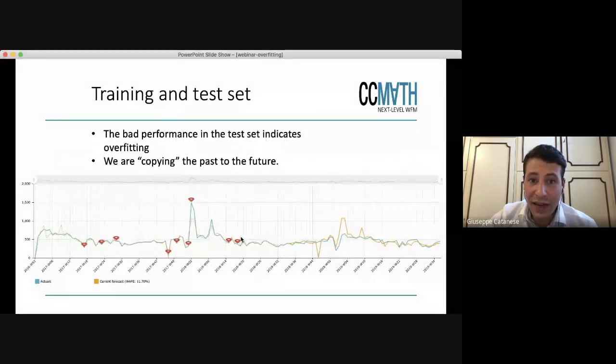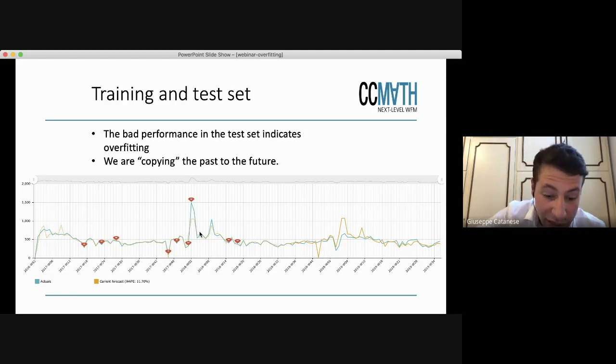Before, at the beginning of the slide, we did exactly this. We divided our dataset between training and test, and we saw that the model had a bad performance on the test set. This is how we understand that we were overfitting, and we were only copying the past. So according to this principle, what do we do then? We change the parameters of our model, we change the inputs, or we change settings, and we try the model again to assess the performance.